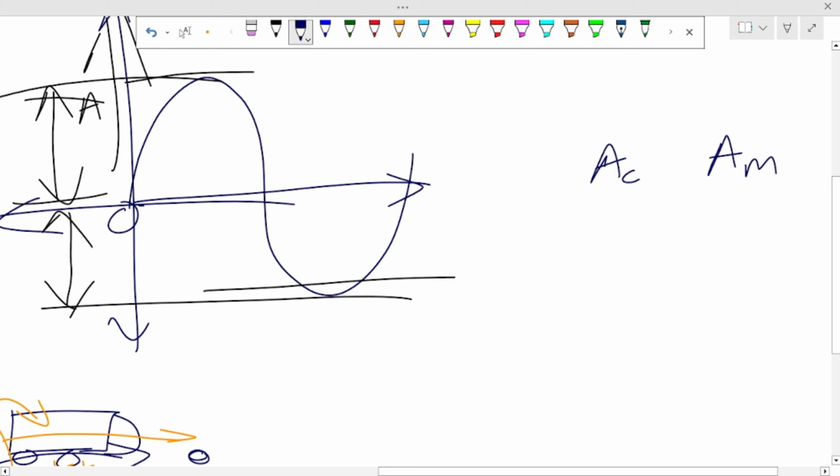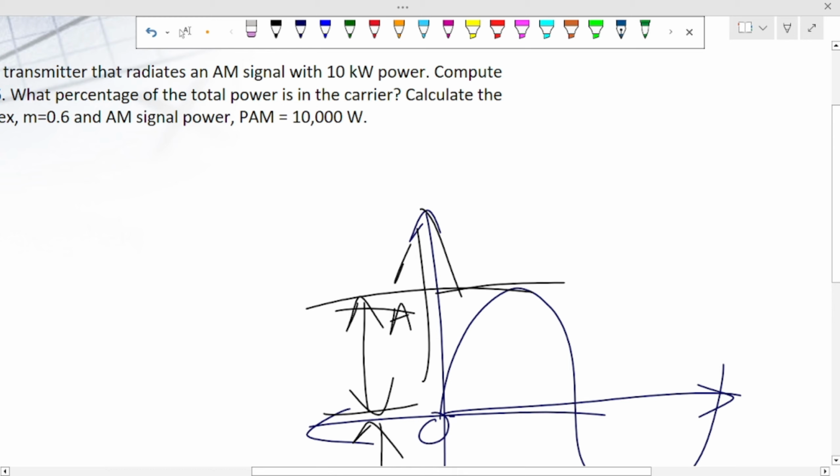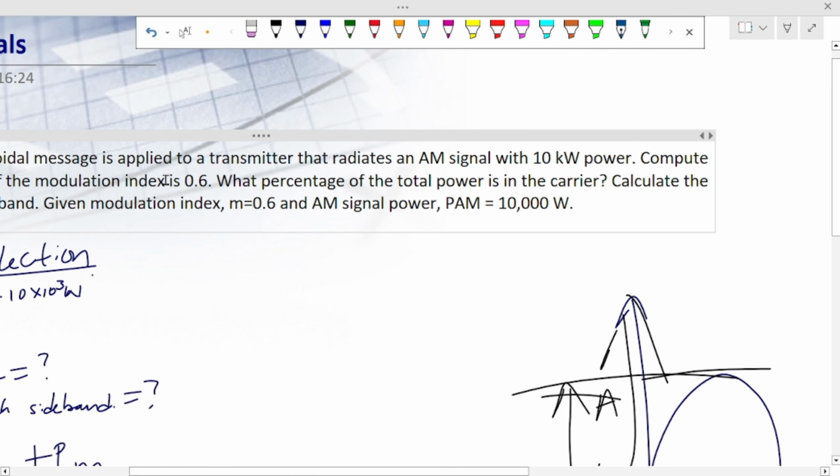Now the ratio of the message signal, how the message signal affects the carrier signal, is known as the modulation index. The ratio of the amplitude of the message signal to the carrier signal is known as the modulation index. That is what we have here.